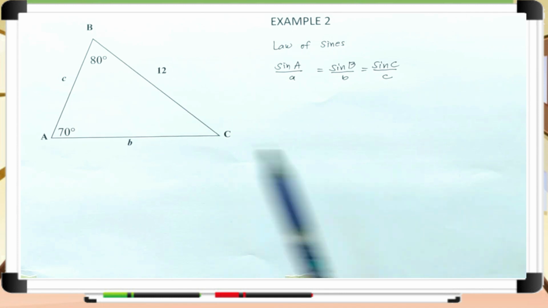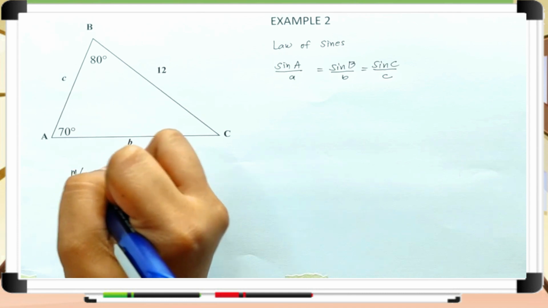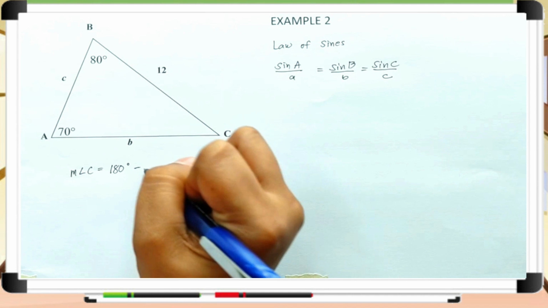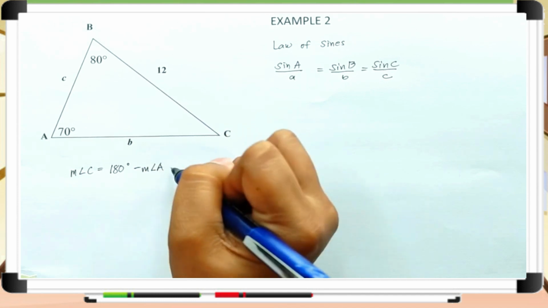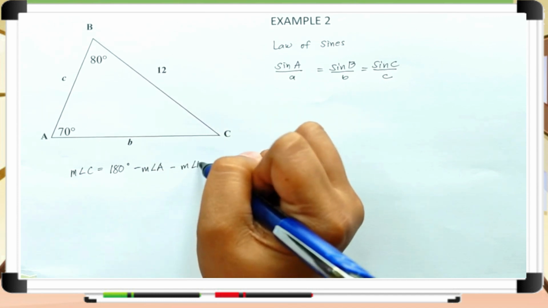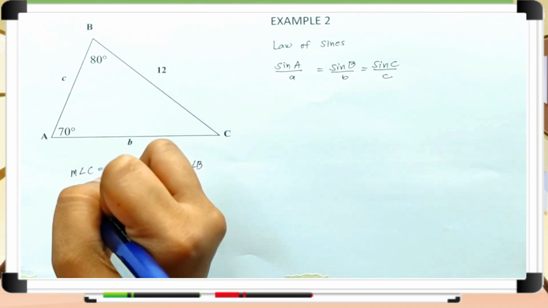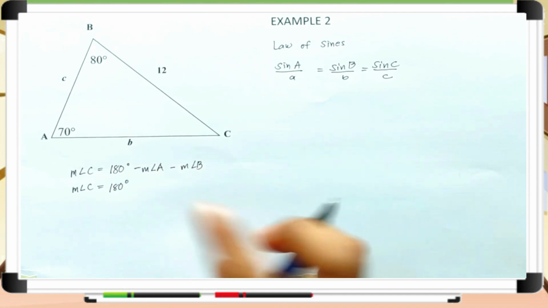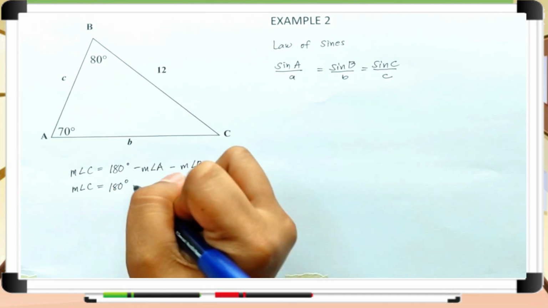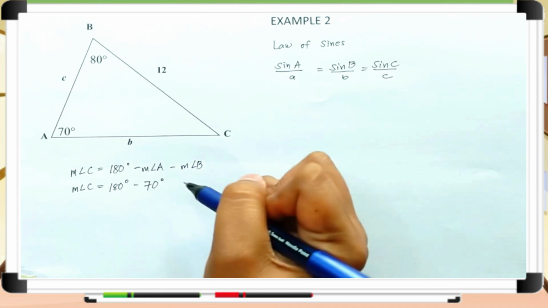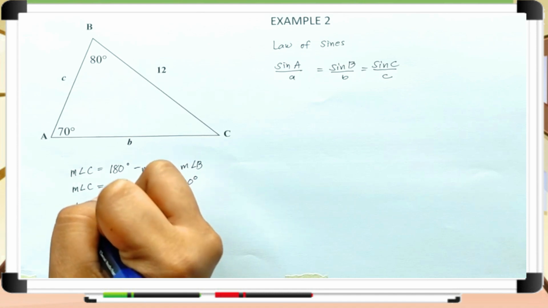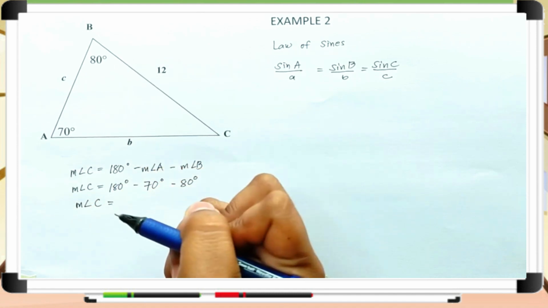So let's look first for the value of angle C. The measure of angle C is equal to 180 degrees minus the measure of angle A minus the measure of angle B. Substitute the values. We have 180 degrees minus 70 degrees minus 80 degrees.